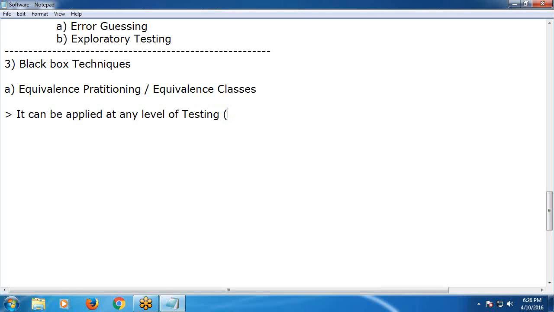Observe, Sri Lakshmi, we have 4 levels of testing. What are they? Unit testing, integration testing, system testing, and acceptance testing.